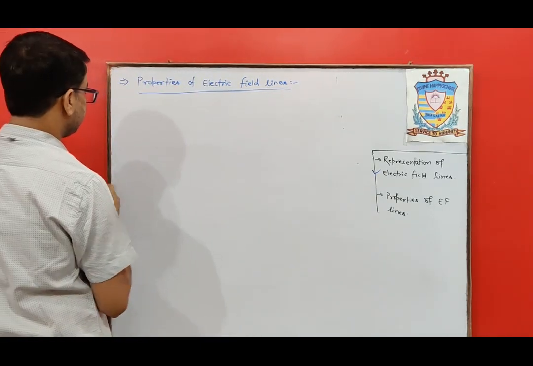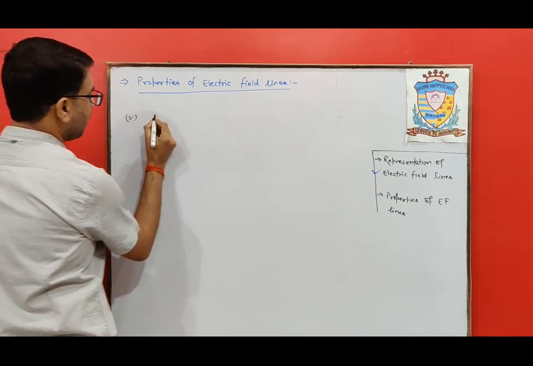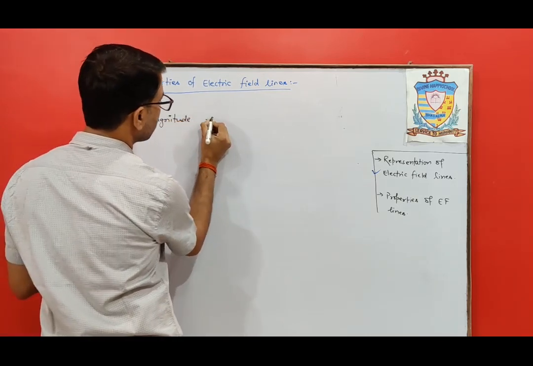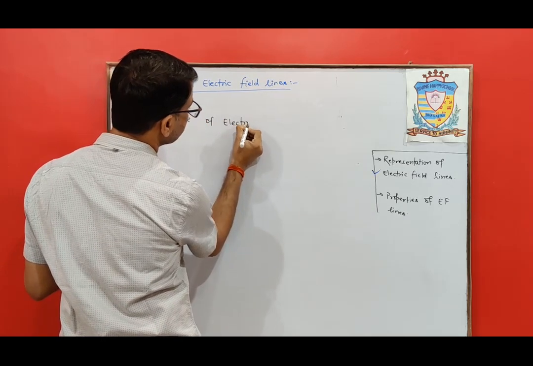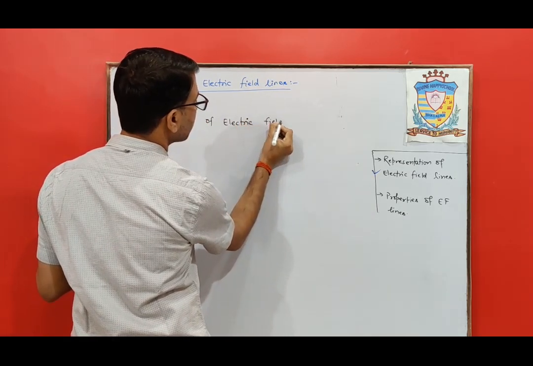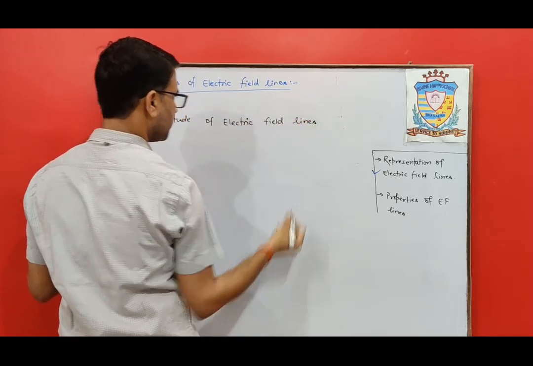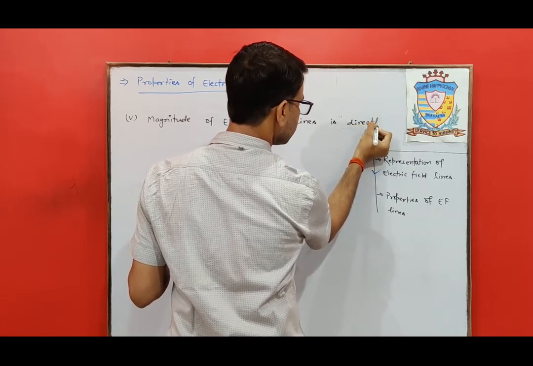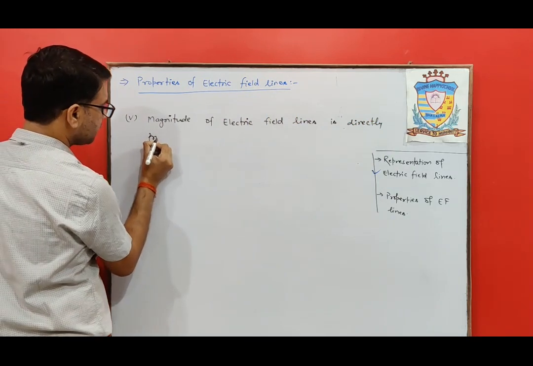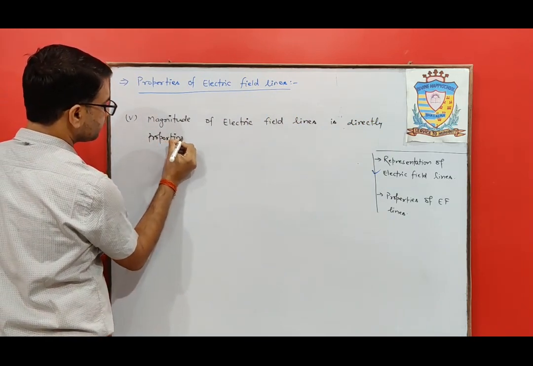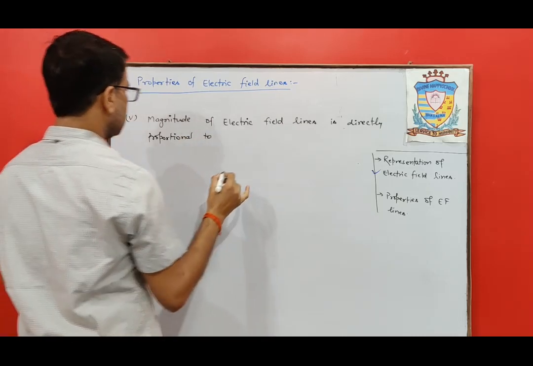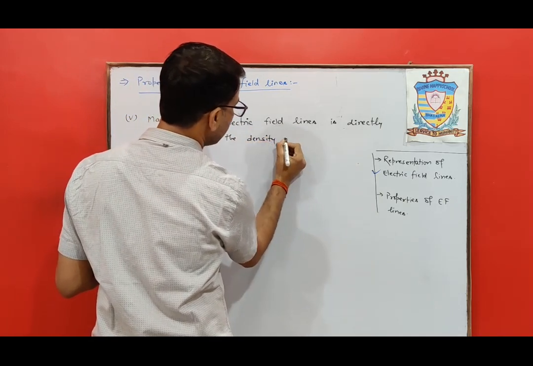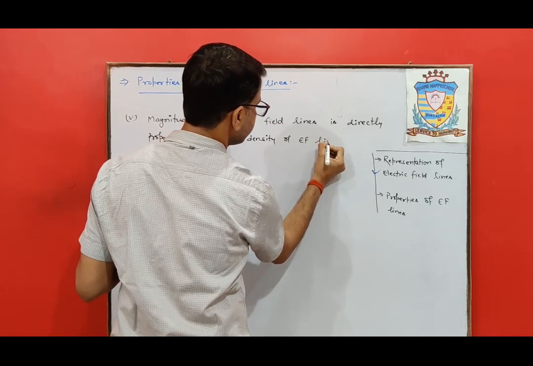Property number 5: the magnitude of the electric field is directly proportional to the density of electric field lines.